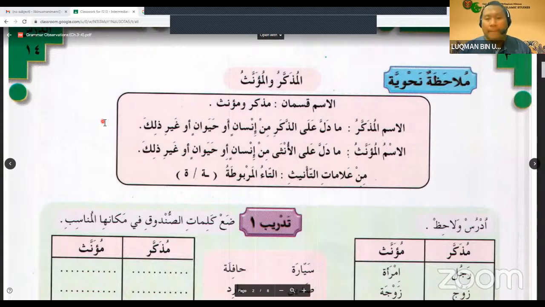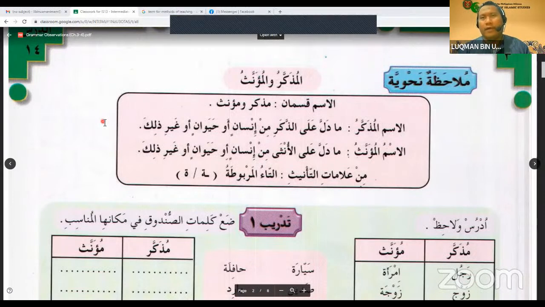So nouns are categorized into two. Nouns are either masculine or feminine. Mudhakkar, mudhakkarun, masculine; muannath, muannathun, feminine. So al-ismul mudhakkar ma dalla ala dhakari min insanin aw hayawanin aw ghairi dhalik.